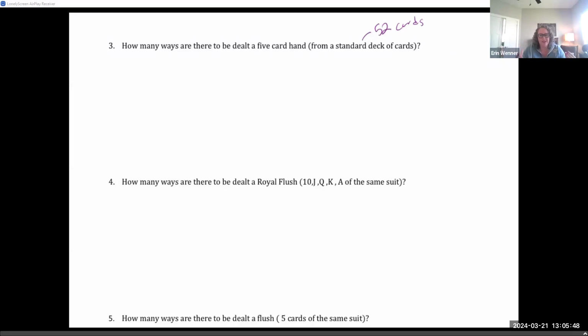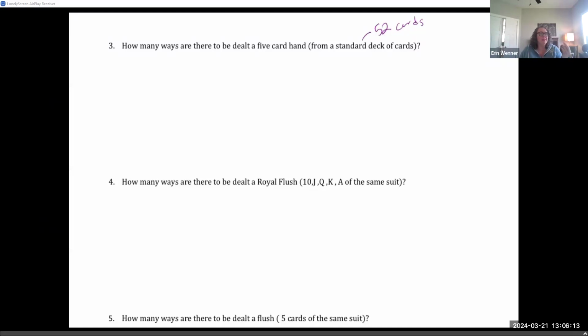The whole hand doesn't change if you put the cards in numerical order or group your hearts together, your diamonds together, and so on. All 5 cards in your hand are still 5 cards. That doesn't change the value of it. You're just looking at how many ways you can choose 5 cards.